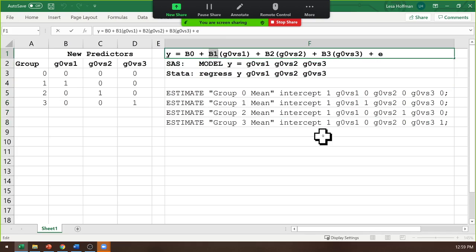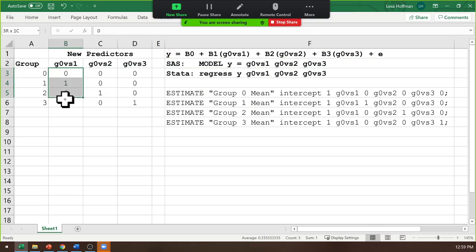So on your output, the slope coefficient that goes with G0 versus 1, for instance, because of the way that we've coded this, I know that the slope for G0 versus 1 automatically tells me how the 1 group differs from the 0 group. That's what it means.